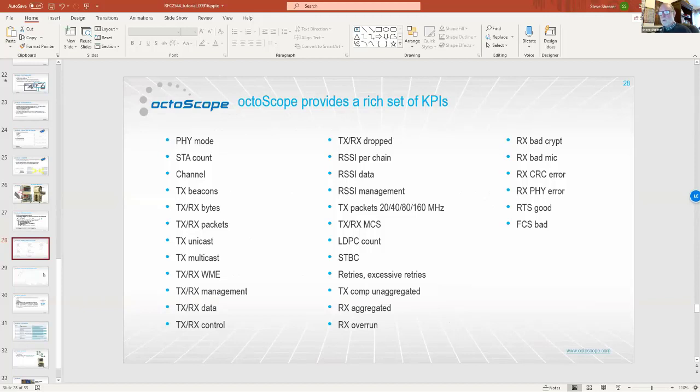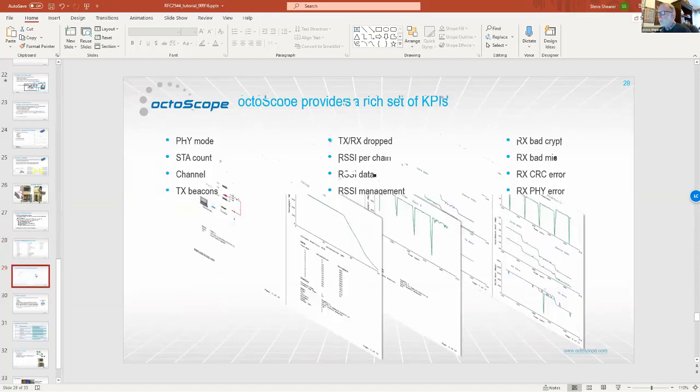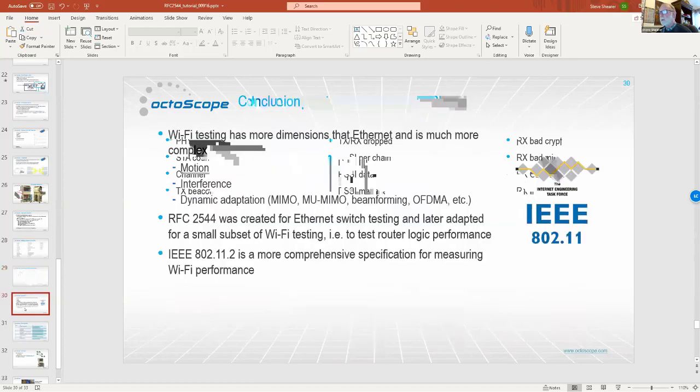They're all stored in a database, and we can produce these reports so that you can take a look at them later. We have many ways to visualize that data, and this, I think, is pretty much a general evolution in the Wi-Fi industry.